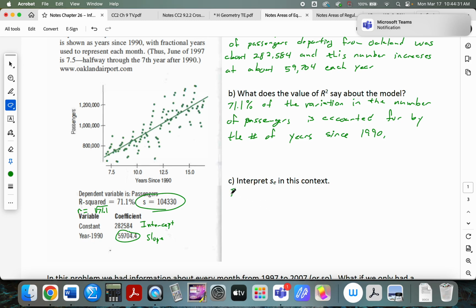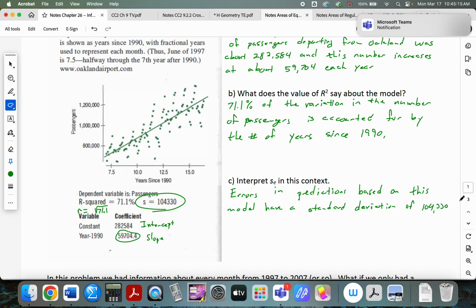And what it means is that errors in predictions based on this model have a standard deviation of 104,330.